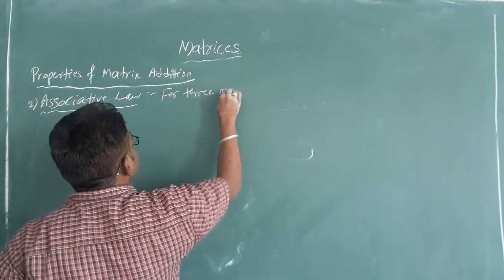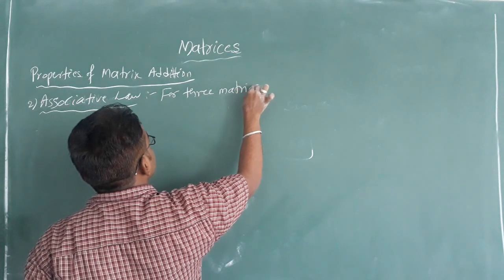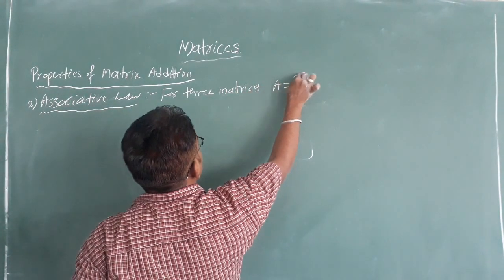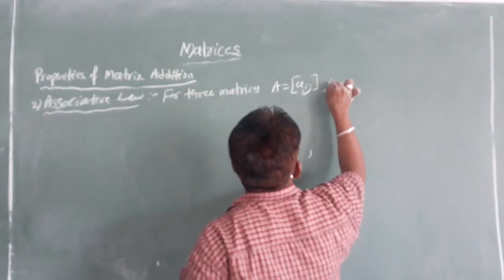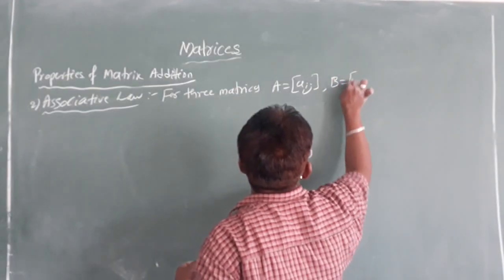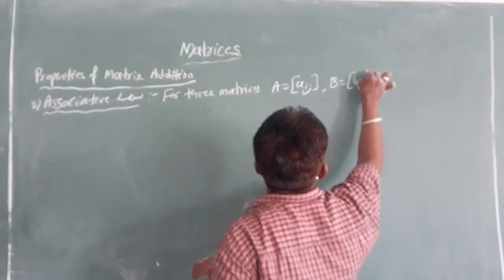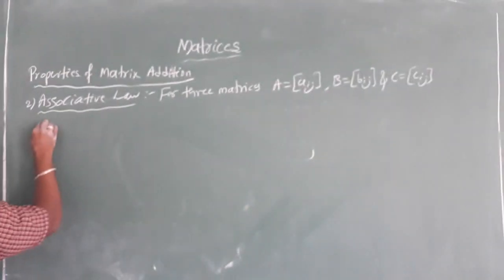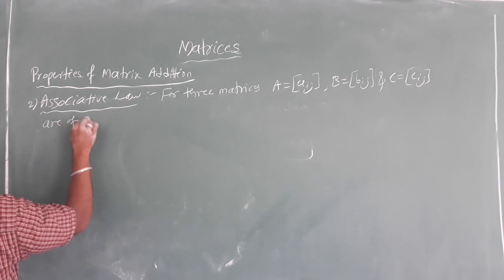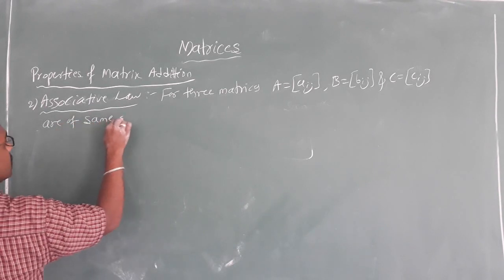That is A equals Aij, B equals Bij, and C equals Cij, of the same order.